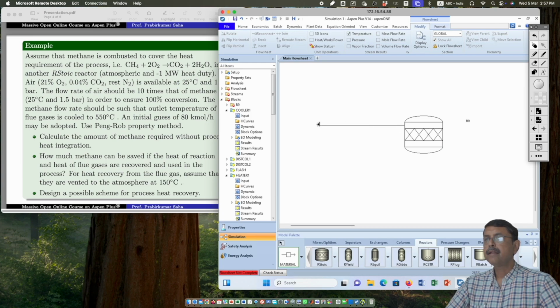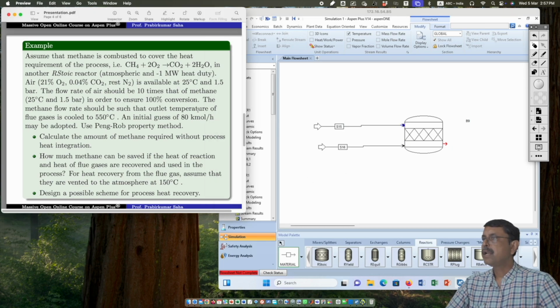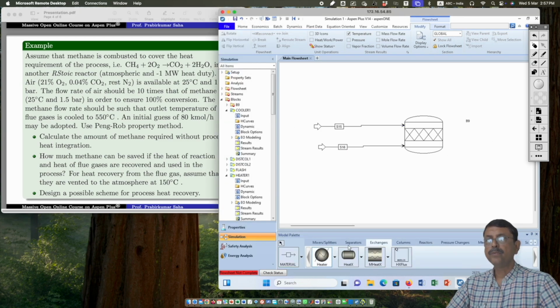One is air and there will be another one which is methane, and the outlet temperature of the flue gas will be cooled to 550 degrees centigrade. So there will be a cooler over here. So let us use a cooler and connect them.